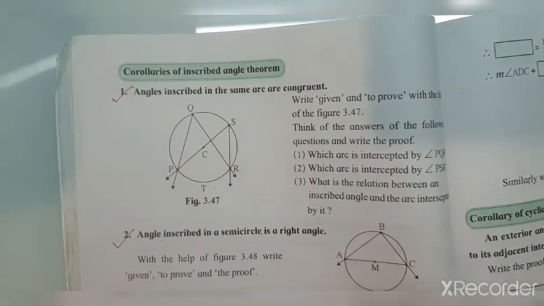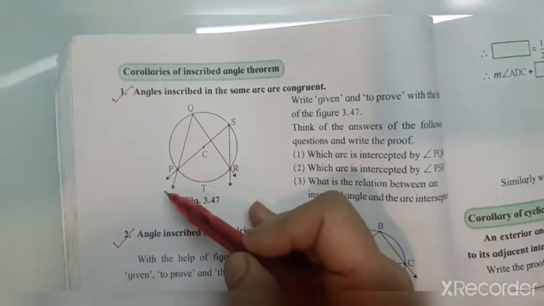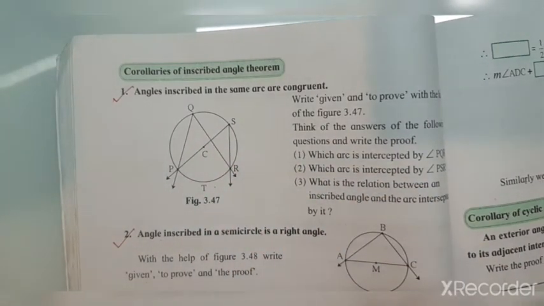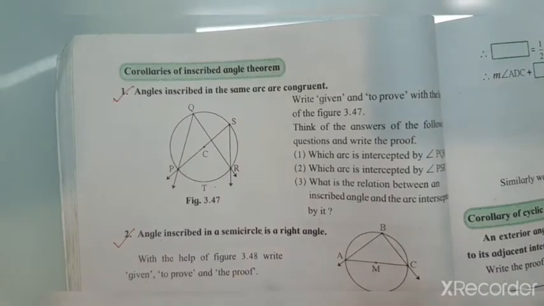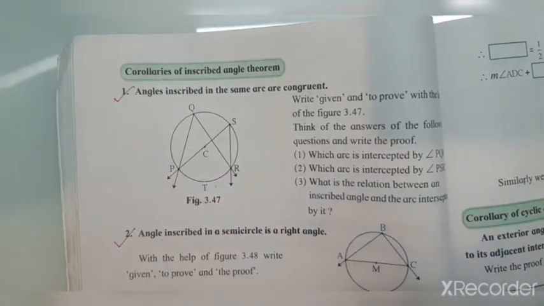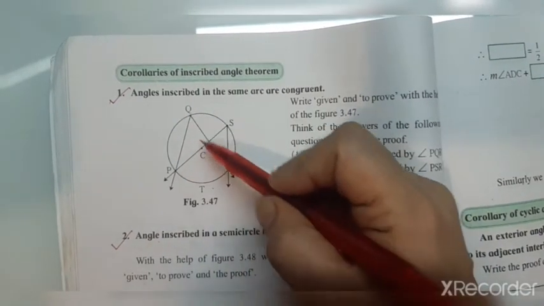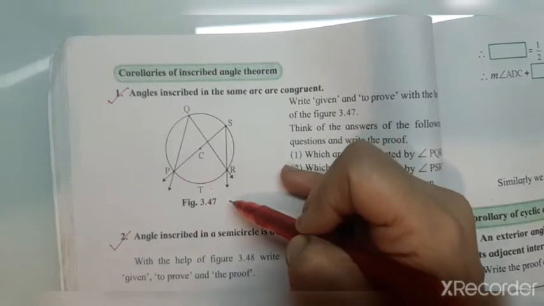Now in the figure, QRS is the addition of QR and RS. Okay, so we'll write measure arc QR plus measure arc RS. Reason is arc addition property.